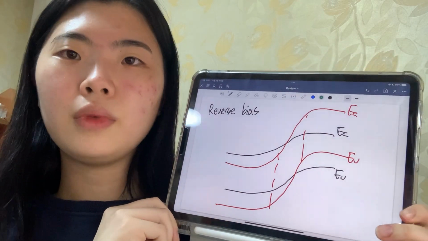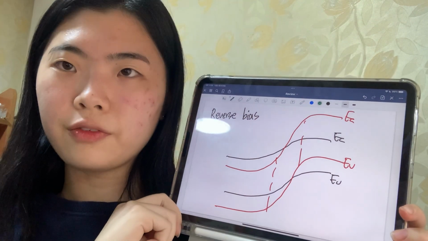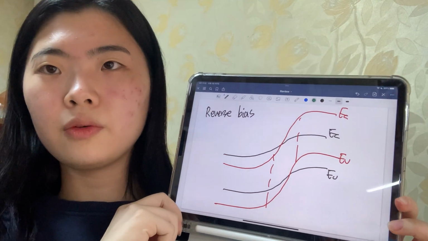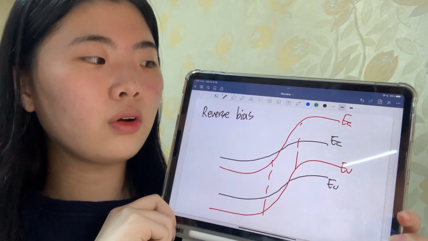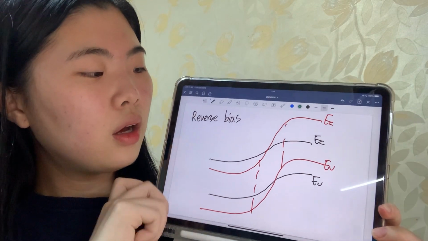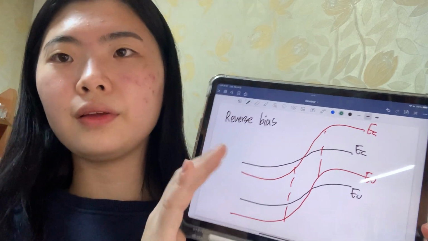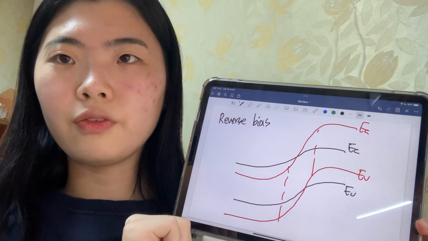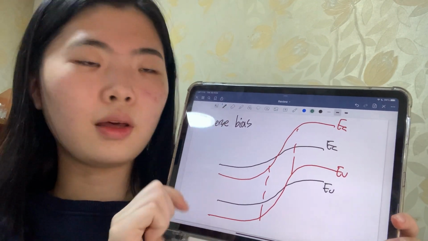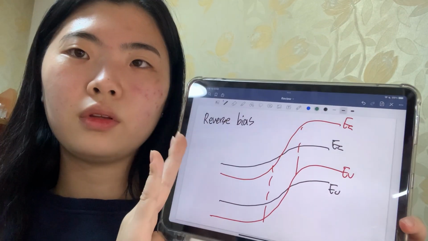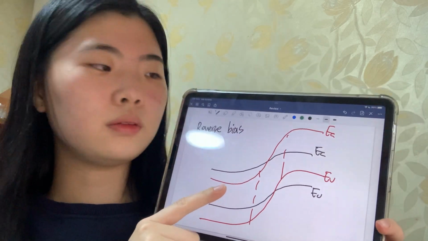The depletion layer width will be longer, and the barrier height is bigger than before. So carriers cannot move easily, and current cannot flow well. So the difference between forward bias and reverse bias is an important concept.